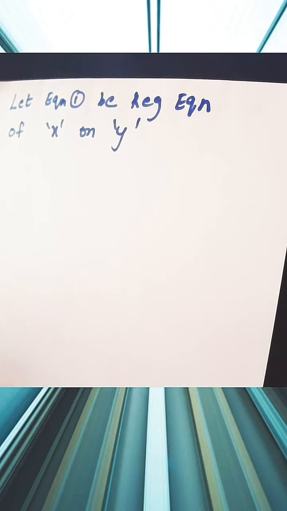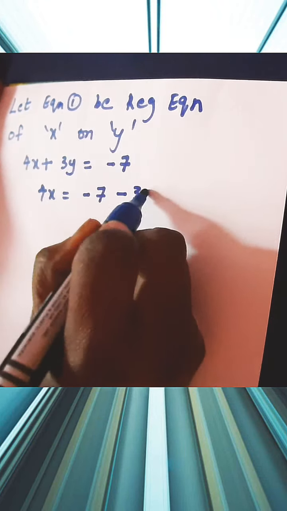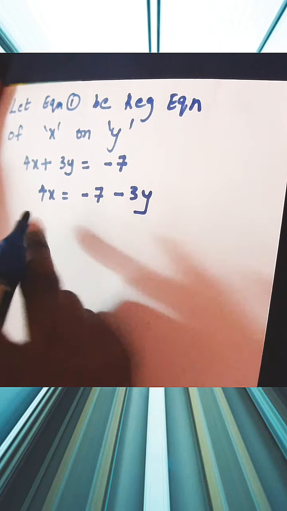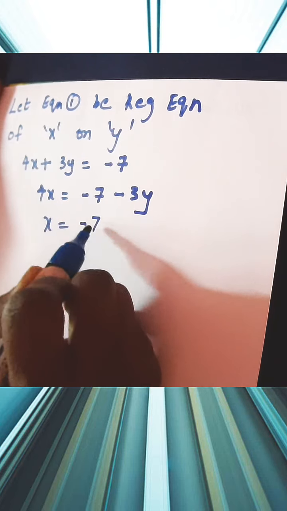What is your equation 1 we have? We have the equation 4x plus 3y is equal to negative 7. Am I right, students? This is your equation 1. We'll find what is x. So negative 7, negative 3y. Okay, x we have to find. 4 is in multiplication; when it comes to the other side, division.